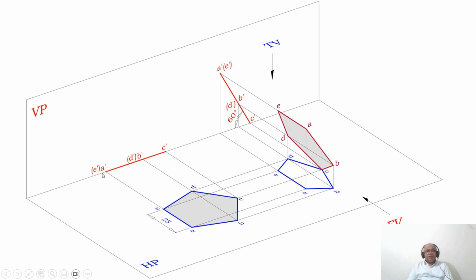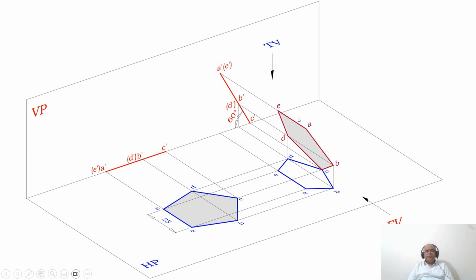So that means initially A dash, E dash is here. So now A dash, E dash has gone above HP such that the entire surface is inclined at 60 degrees to HP, keeping C dash, that is C, the corner point, on HP. So that is what we can see here. The corner point is on HP.